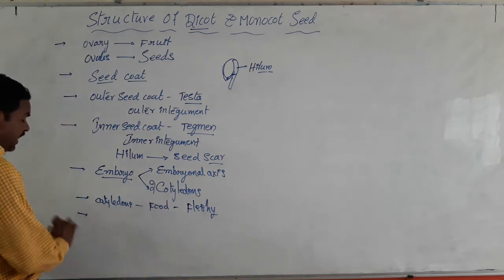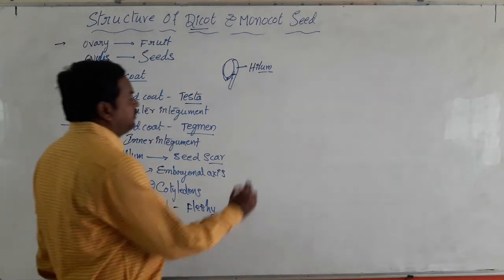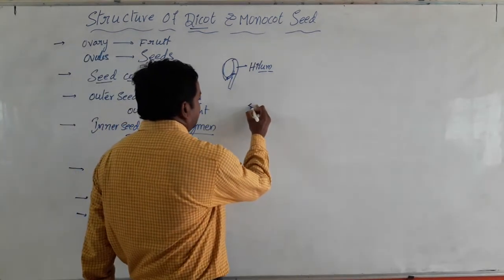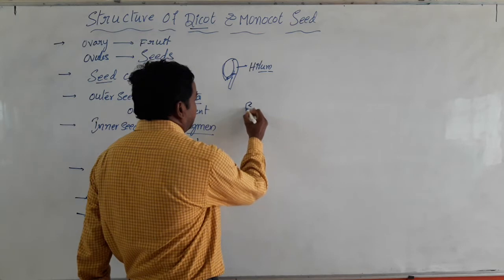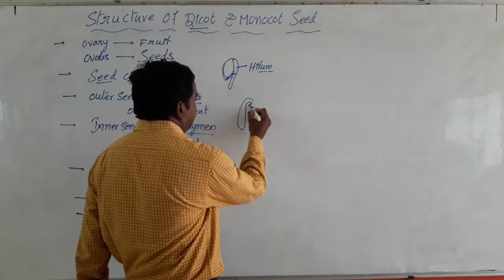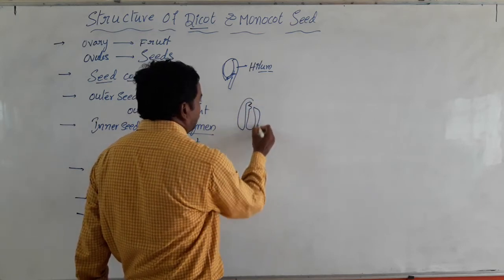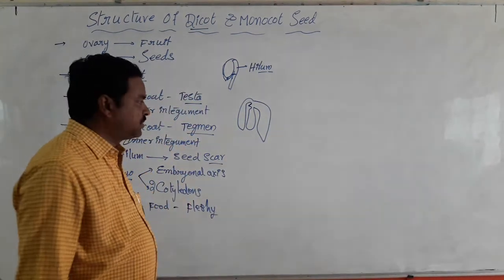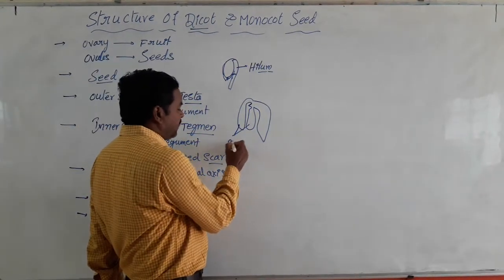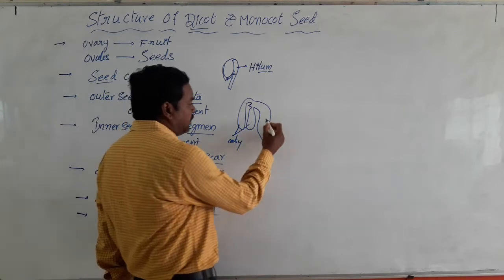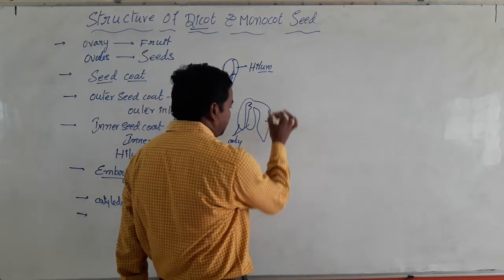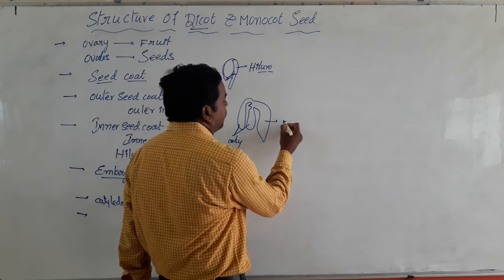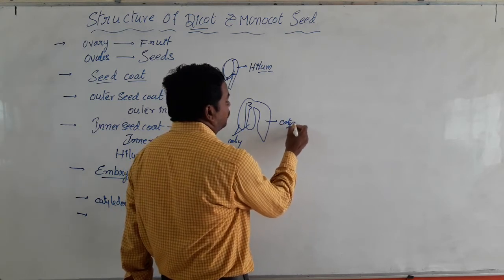Similarly, for example, this is the embryo in dicotyledonous plants. These two are cotyledons, and this is the embryonal axis. This is the cotyledonary node.